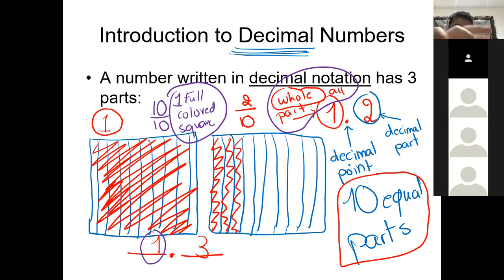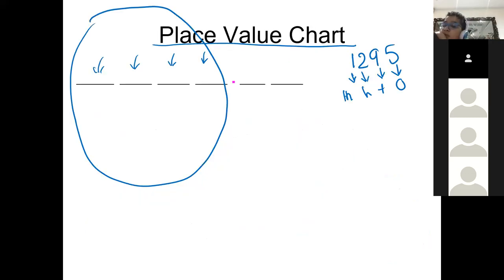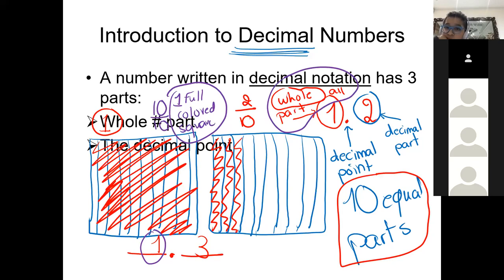Bravo. So if you look here at the whole part, it is always like the whole number. It looks like a whole number. For this reason, I told you here that a whole part is like a whole number. So we have to start with ones, tens, hundreds. Whereas the decimal part represents what?